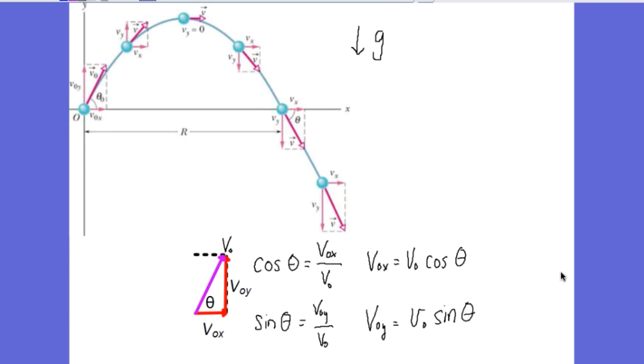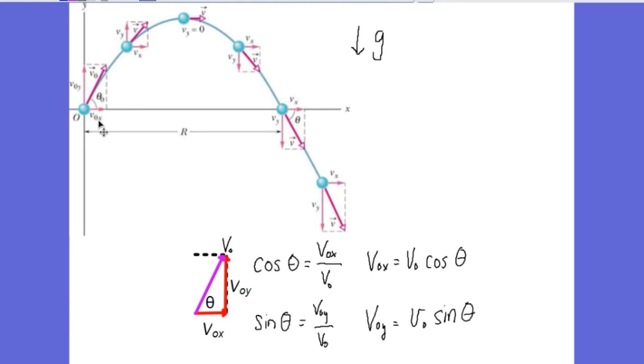Because we're neglecting the effects of the wind and the air, that means gravity is the only force acting on this projectile as it flies through the air. And since gravity only works in the vertical direction, that means the horizontal component of velocity is going to be unaffected by gravity. If you notice here, at these various time points in the flight of the projectile, the velocity of the projectile is shown along with its components.